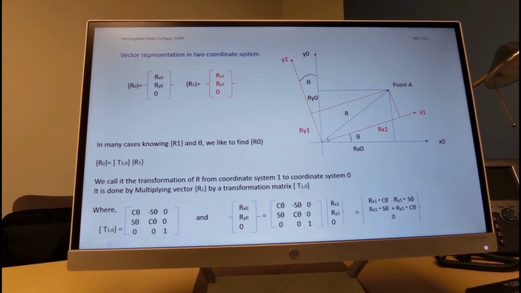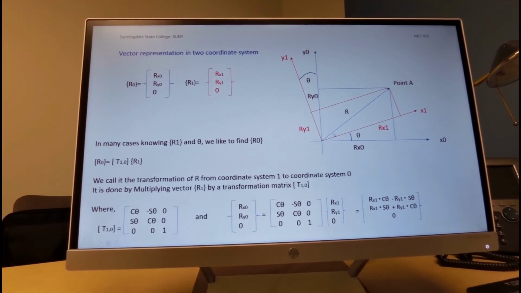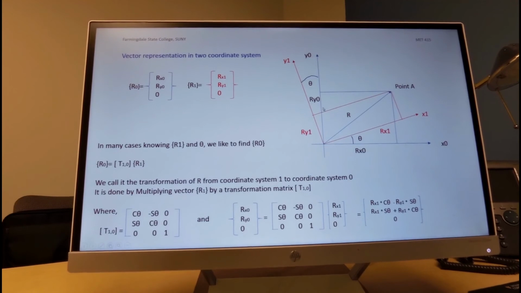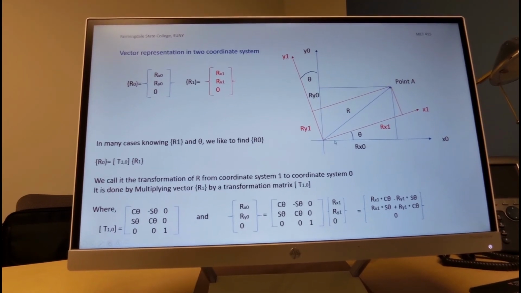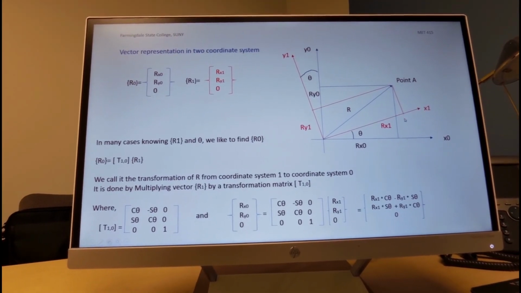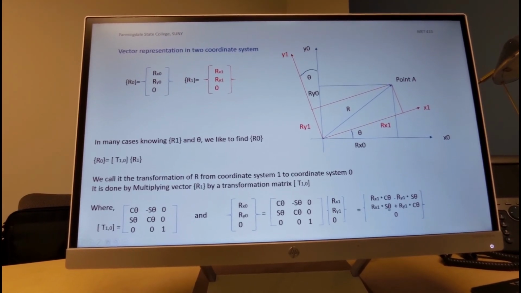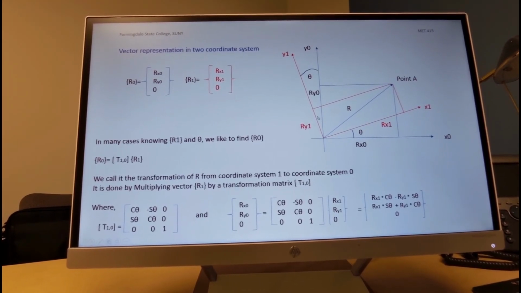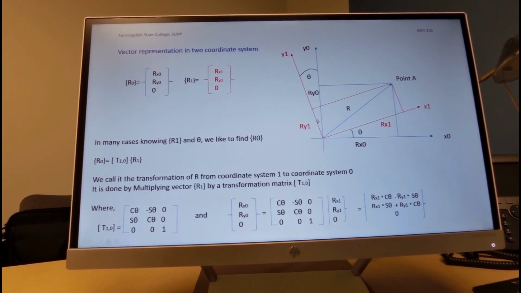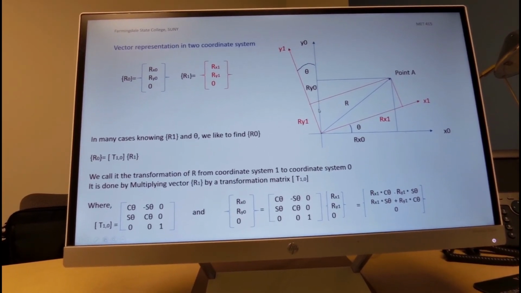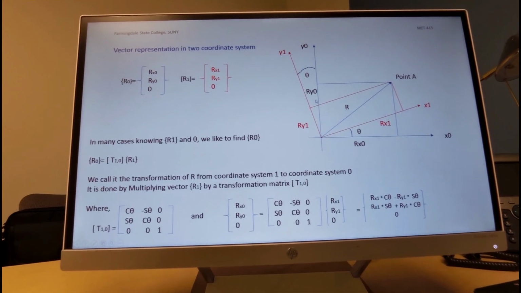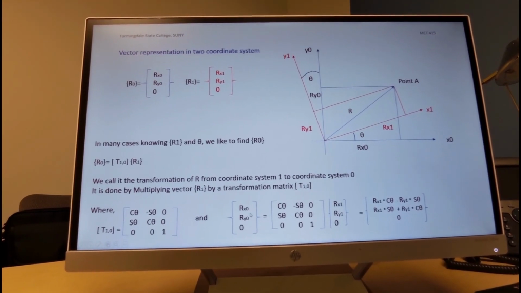At the same time, ry0, which is this length from here to here, equals rx1 times sine theta, this distance here, plus ry1 times cosine theta, which is this component here. So the two together will give us ry0.